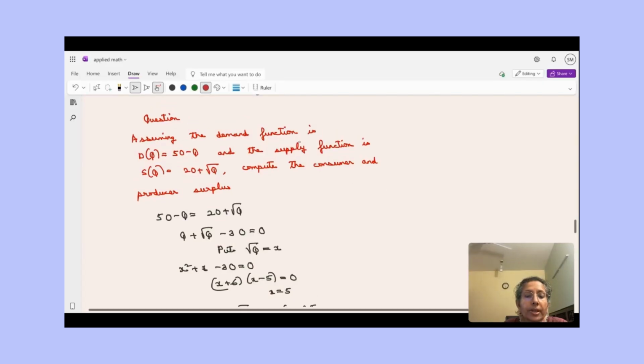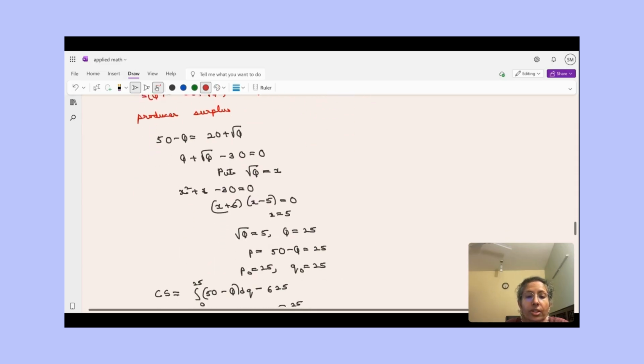So assuming the demand function D(q) is 50 minus q and the supply function S(q) is 20 plus root q, compute the consumer and producer surplus. Equating both, we get 50 minus q is 20 plus root q to get the equilibrium point. So you get q plus root q minus 30 equal to 0. If I put root q as x, I get x squared plus x minus 30 equal to 0.